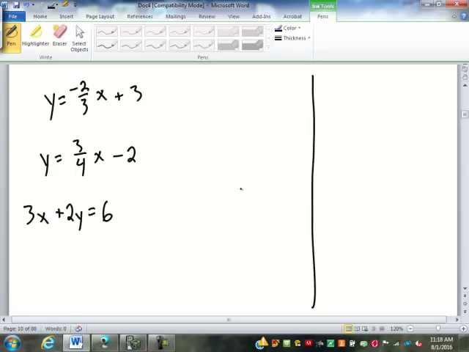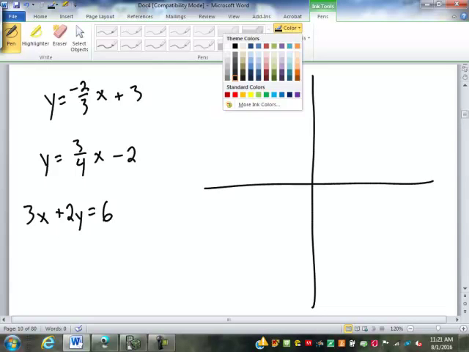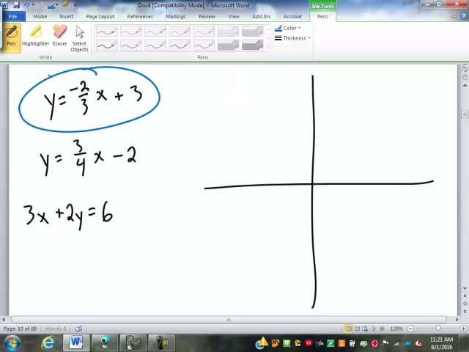Graph those 3 equations. Okay, so for the first one up here, y equals negative 2/3 x plus 3. Where do we start? Positive 3 right there. And from there, what do we do?